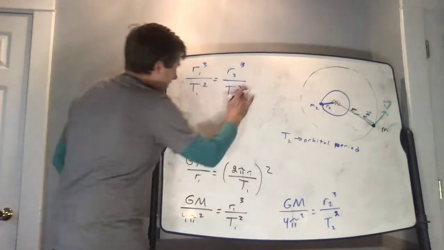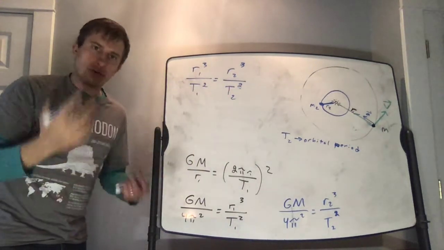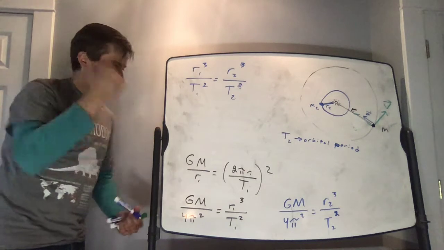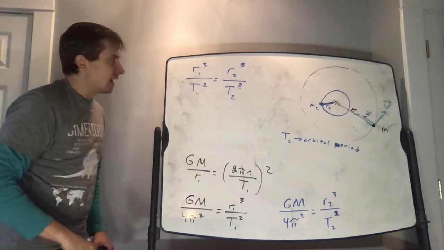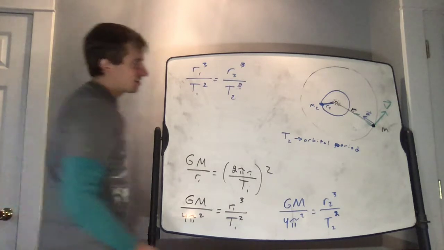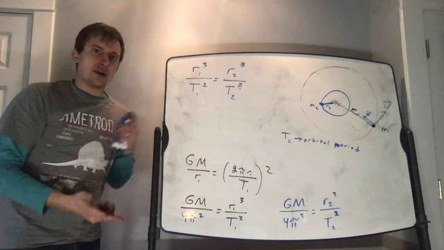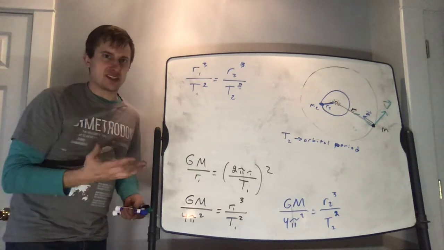Now, at this point, I am going to change the notation that I'm using, but I'm not going to really change any of the physics that we're talking about. Throughout this problem, I said R was the distance from the planet to the star. I said T was the amount of time it takes that planet to orbit the star.